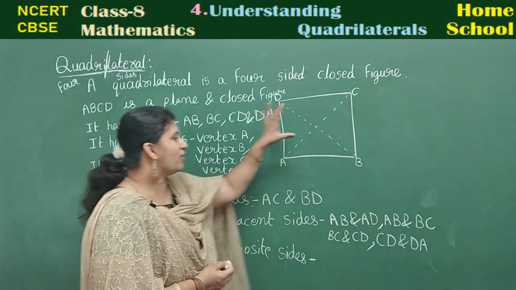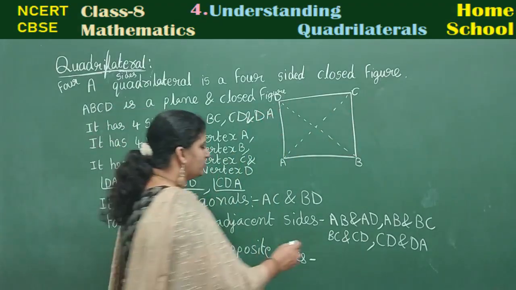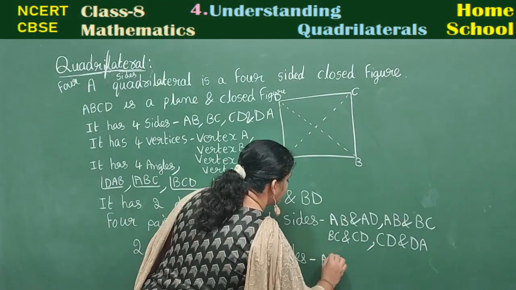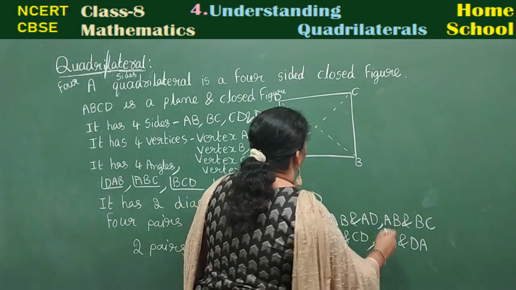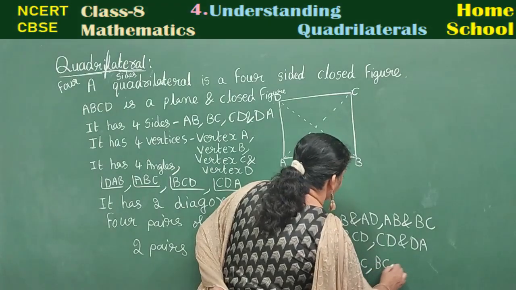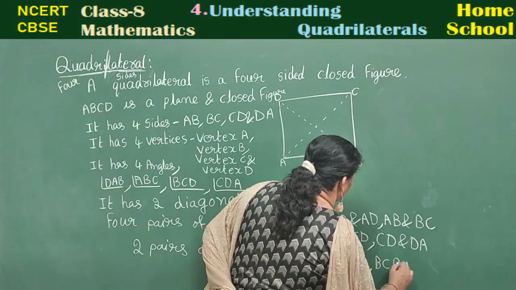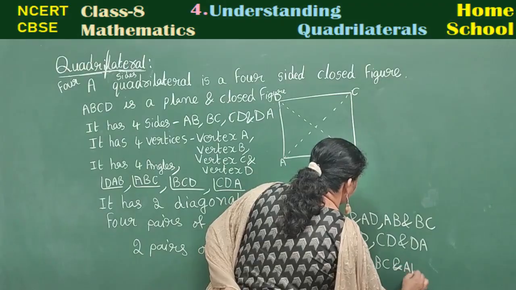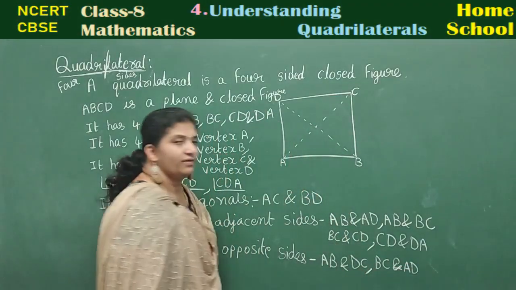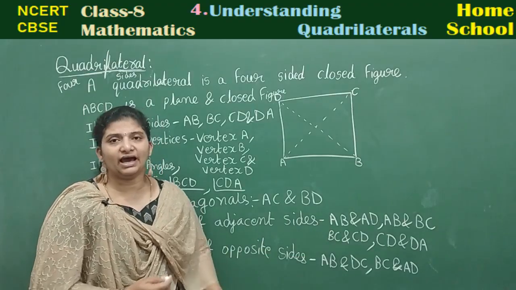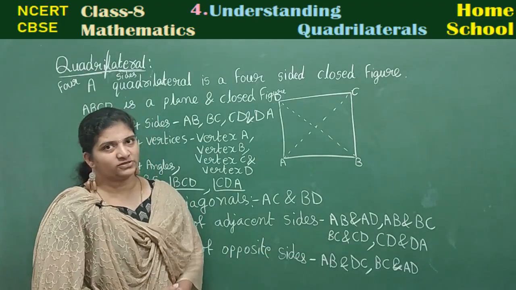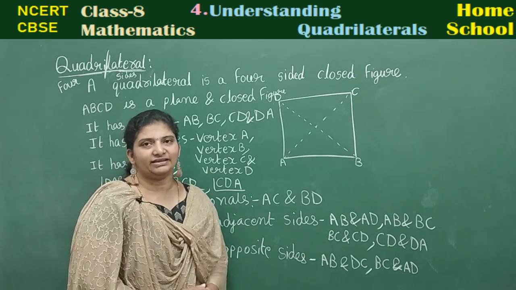BC is opposite to AD. So, 2 pairs, what are those? AB and DC, BC and AD are the 2 pairs of opposite sides a quadrilateral has.